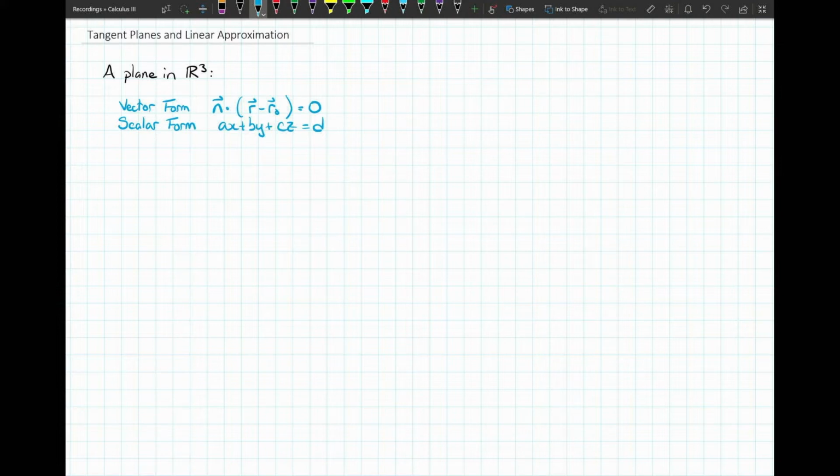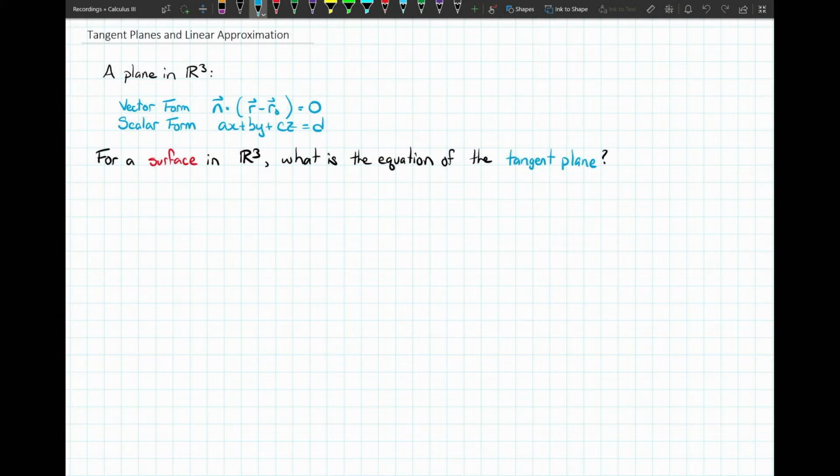So now let's tackle the question. If we have a surface in 3 dimensions, what is the equation of the tangent plane at a specific point? Now, in this video, we're going to be looking specifically at functions. Let's let z be some sort of function f of x, y. And in order for us to even calculate the tangent plane, we're going to need a function that's fully differentiable at some point.